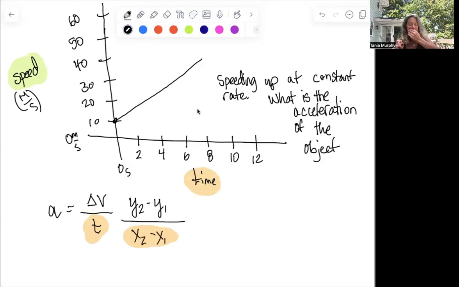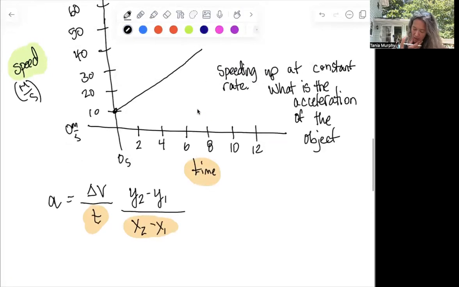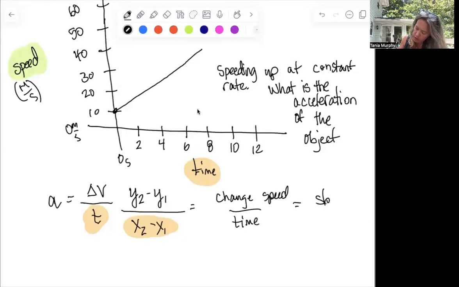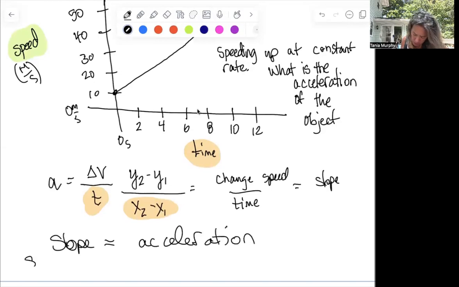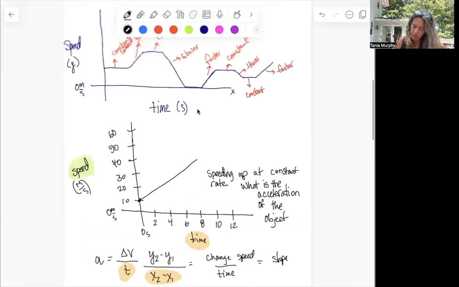Just as the other graph gave us speed, this graph actually gives us acceleration because that will be the change in speed over time. Right, so that will equal the slope. One more time: the slope equals the acceleration for a speed versus time graph.